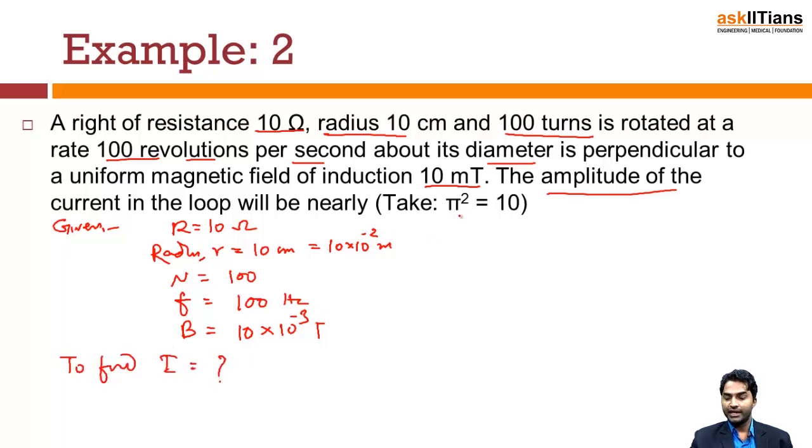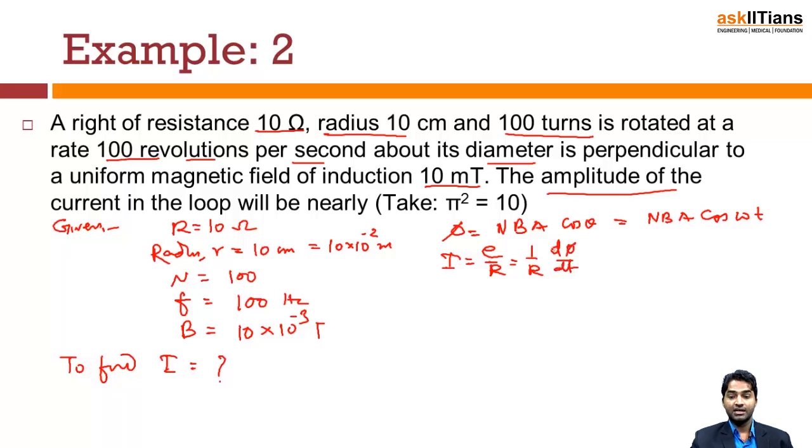We know that when the coil is rotating, the flux involved will be equal to NBA cos theta, or we can put it as NBA cos of omega t. Now we want to find the current. Current is equal to EMF by resistance R, or 1 by R into d phi by dt.